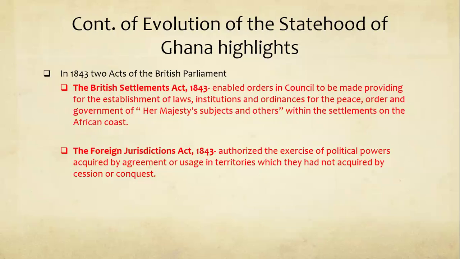So that is why, because mind you, the Select Committee had said that what George McLean and his people were doing in terms of administration had no legal basis. So that was cured by this British Settlements Act.